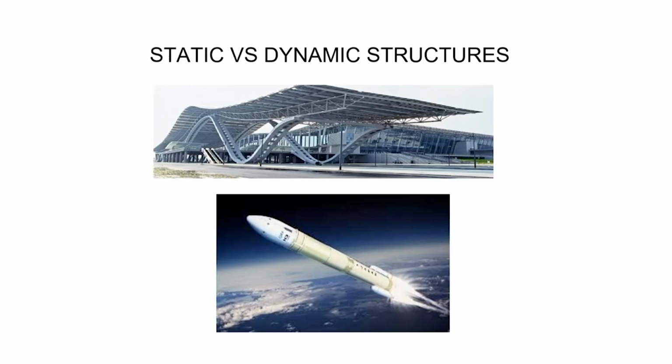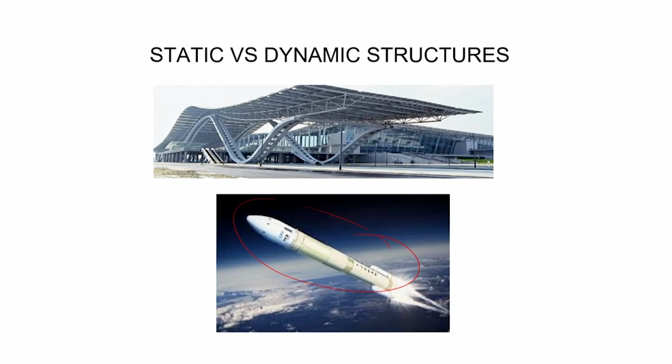Now, another important point I want to tell here is that the structures I have discussed with you so far are static structures. Static structures do not have any relative motion, but there are structures which can have relative motions inside. There are dynamic structures like a rocket, like a car, like a train.